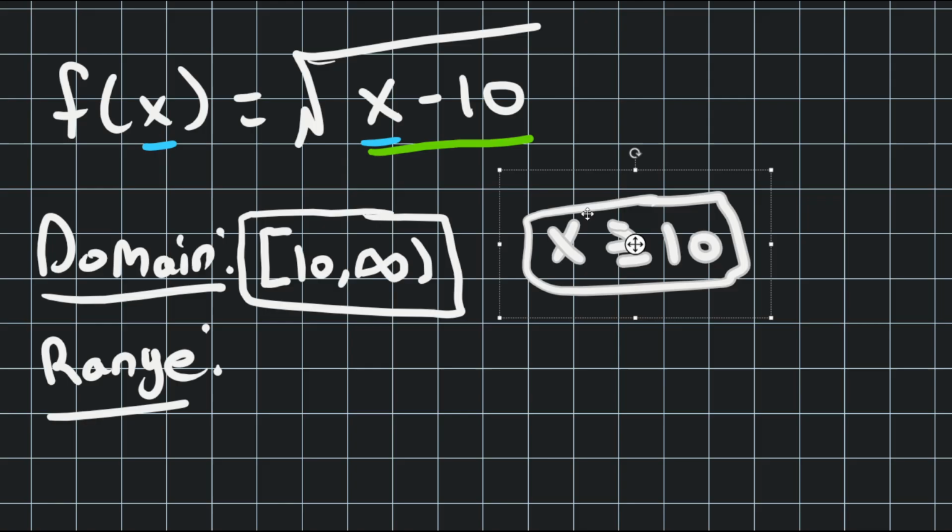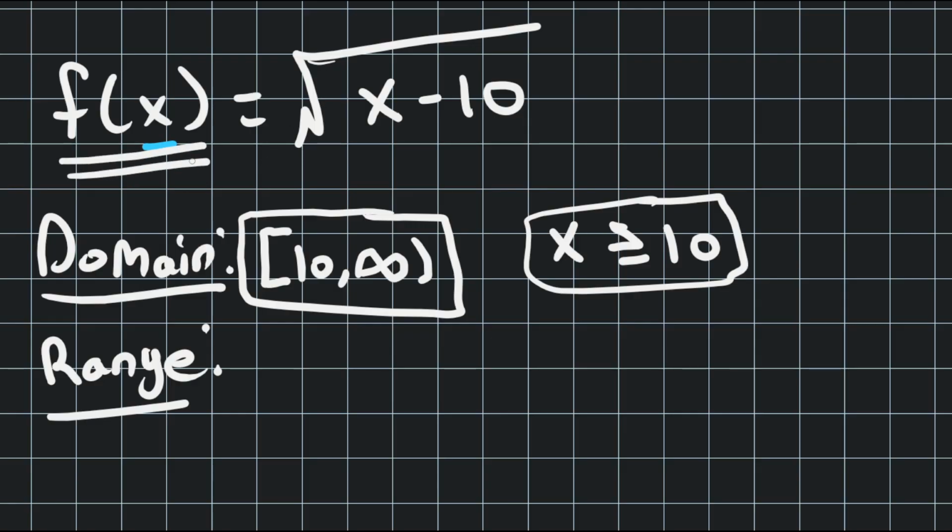So we know that that's our domain, but now what's our range? Okay, so our range, what can f of x be? Well, if you take a look at this entire thing, which is f of x, the square root of x minus 10, whatever the square root of this is, it must come out to a positive number.